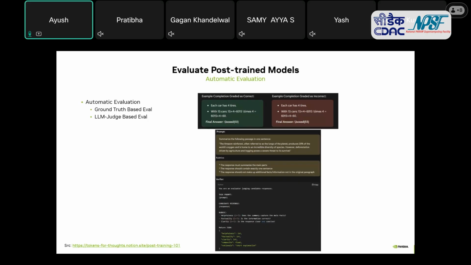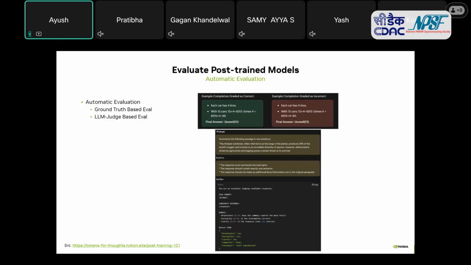You use the bigger model, maybe proprietary or a very big one like the DeepSeek 671 billion parameter model, to evaluate your developed model. The answers generated from your model are given to this bigger model to evaluate how good the particular response is. You use this as a way of evaluation.